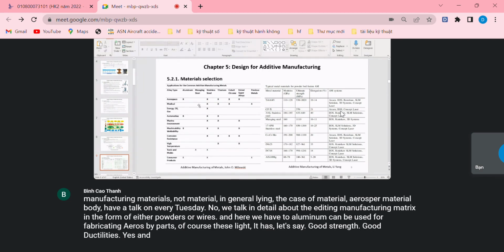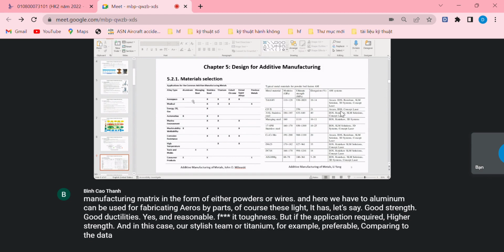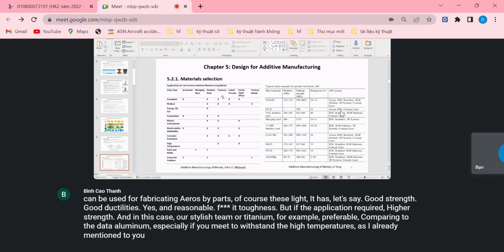And reasonable fracture toughness. But if the application requires higher strength, in this case, stainless steel or titanium, for example, are preferable compared to the case of aluminum, especially if you need to withstand high temperatures, as I already mentioned to you on Tuesday.